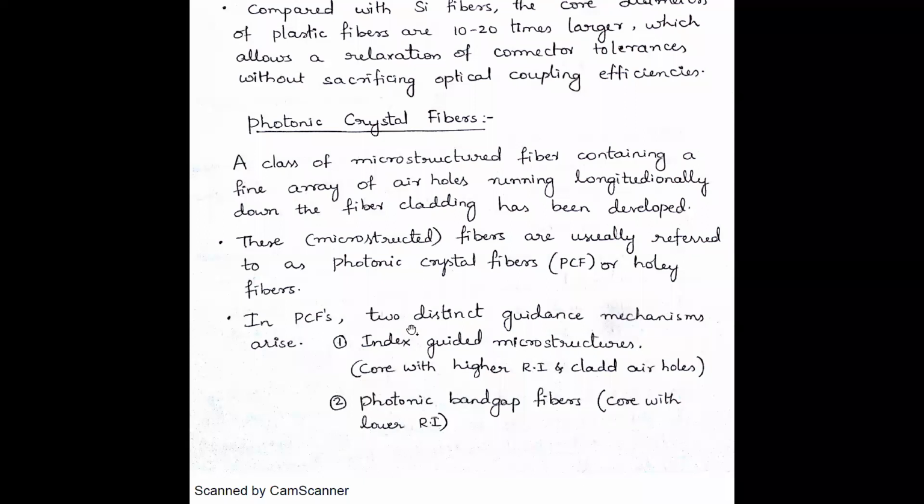We have two categories. One is the index guided microstructures. In index guided microstructures, the core will have the higher refractive index, and the cladding is completely filled with air holes, uniformly arranged air holes. So in the next slide, I'll be showing the diagrams.